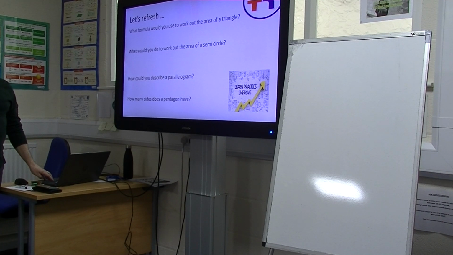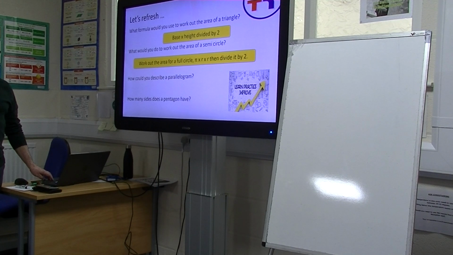So, first of all, what formula would you use to work out the area of a triangle? Can you remember? Base times height divided by 2. What would you do to work out the area of a semicircle? Work out the area of a full circle, which is pi times radius squared, then divide it by 2.